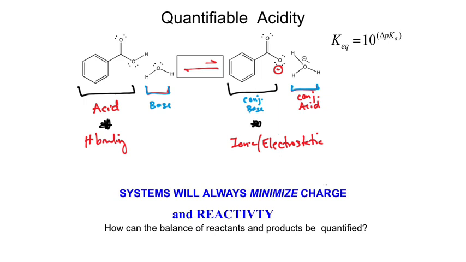In the lab, we use this to separate that compound on the left away from other things, because we can change its intermolecular forces from hydrogen bonding to ionic, and the ionic electrostatic are almost universally soluble in water. Whereas hydrogen bonding sometimes is, sometimes isn't. Okay? Because it now changes phases, I can separate.